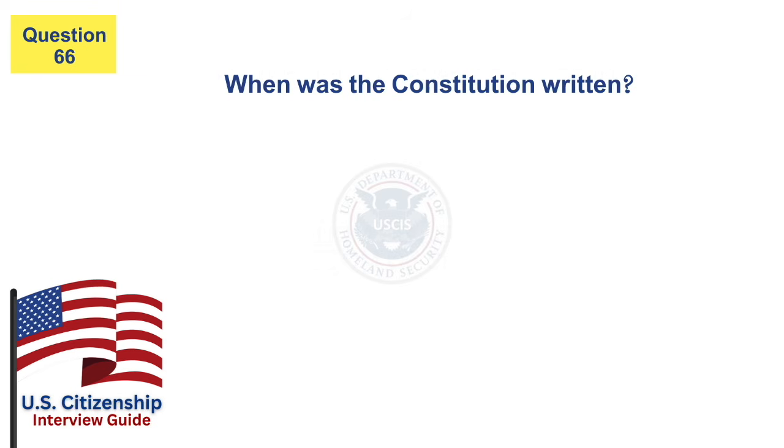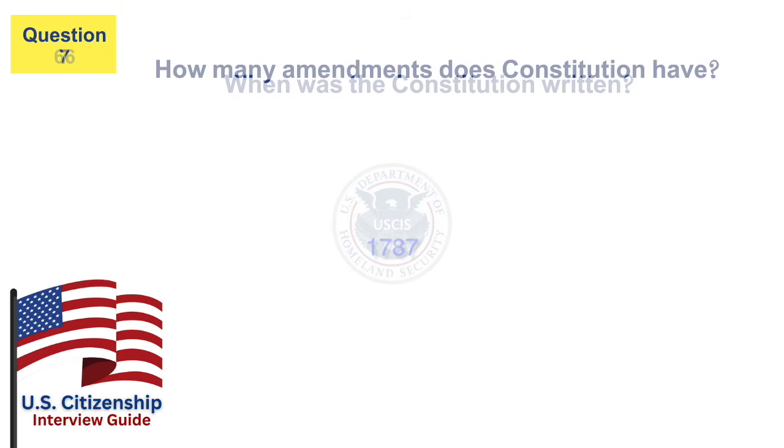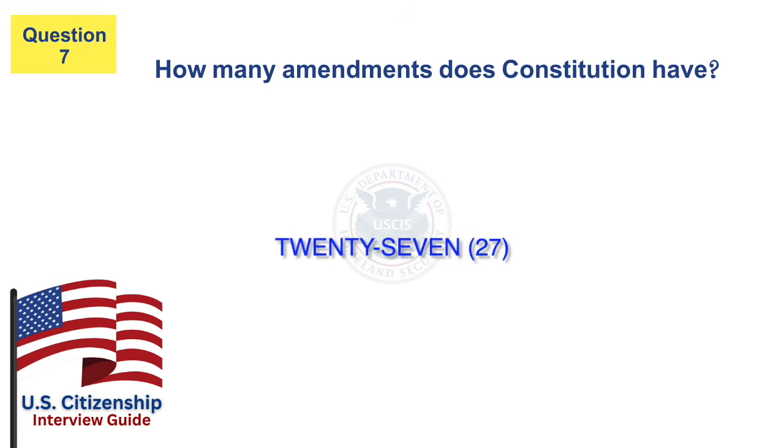When was the Constitution written? 1787. How many amendments does the Constitution have? 27.